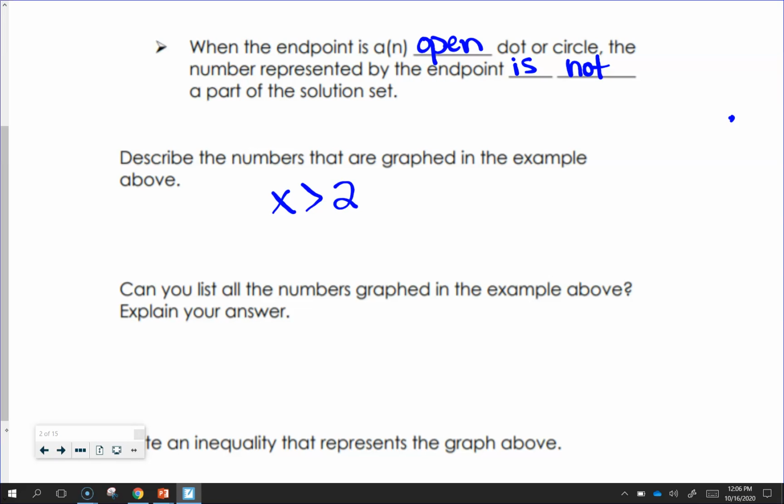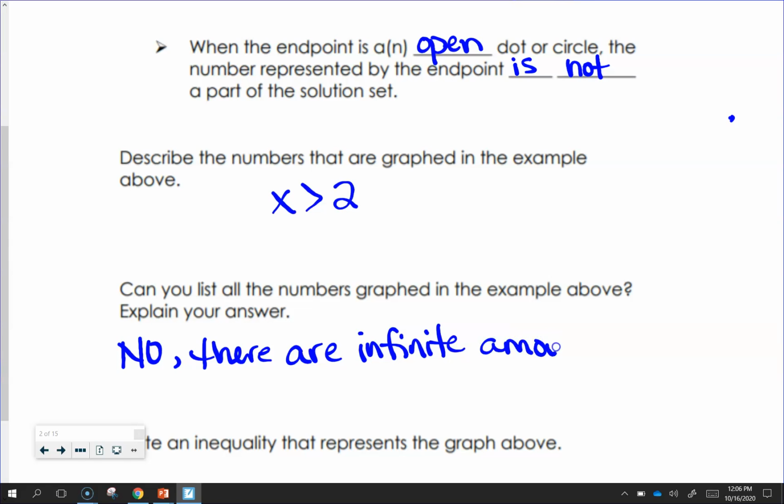Can you physically list them? No, you can't. There is no way to list all the numbers. How come? Because it's many. How many are there? Infinite. There you go. Infinite means never ending. So I can't list them because they never end.